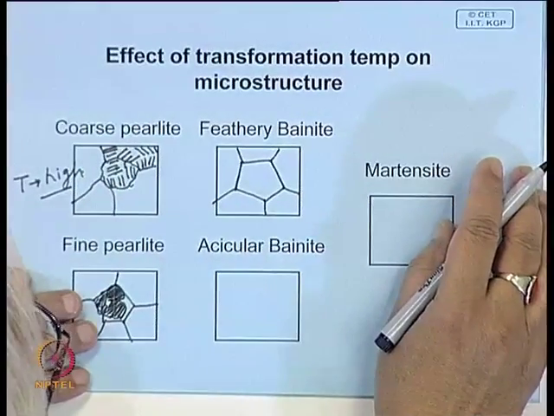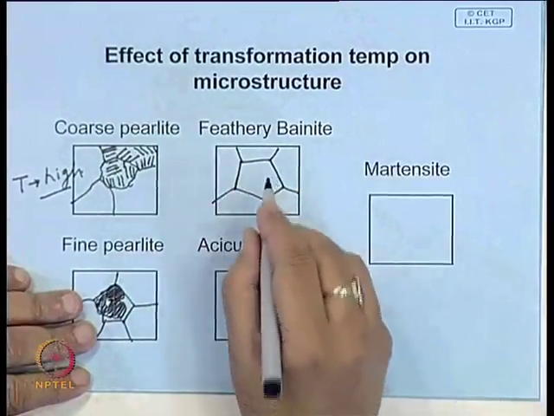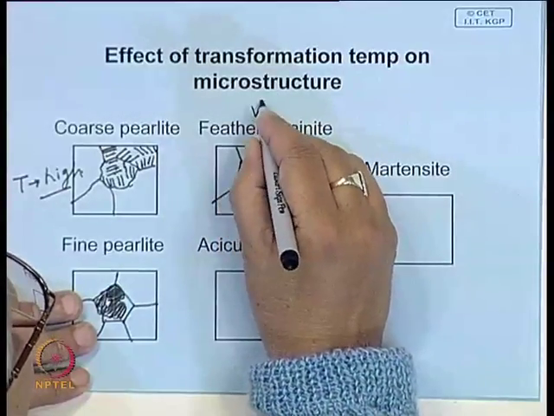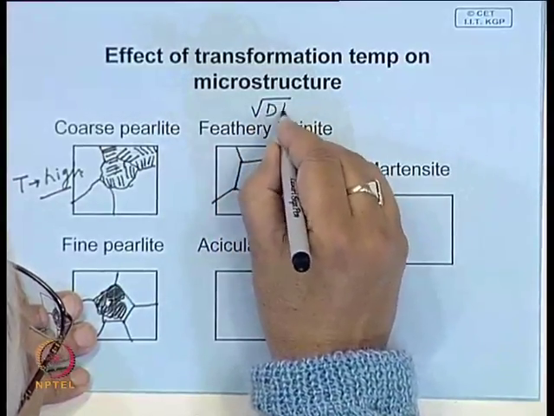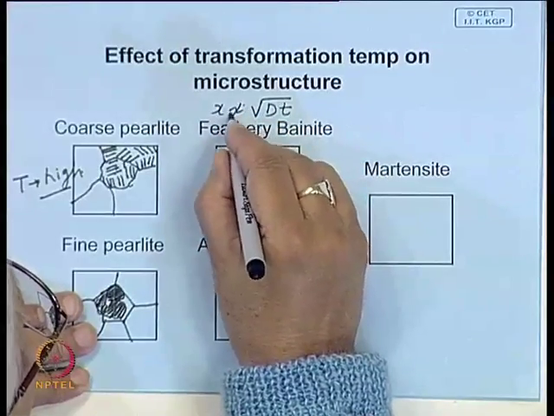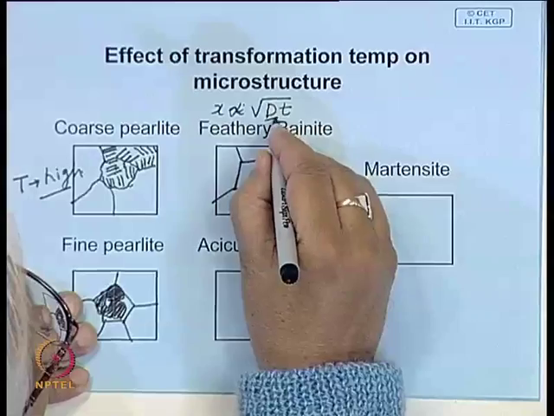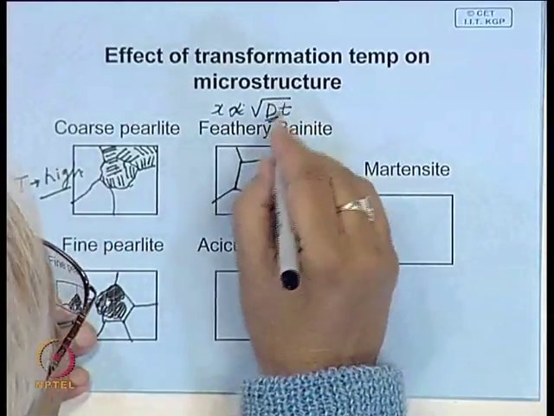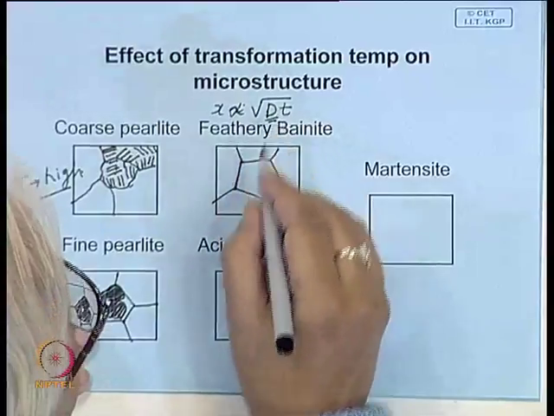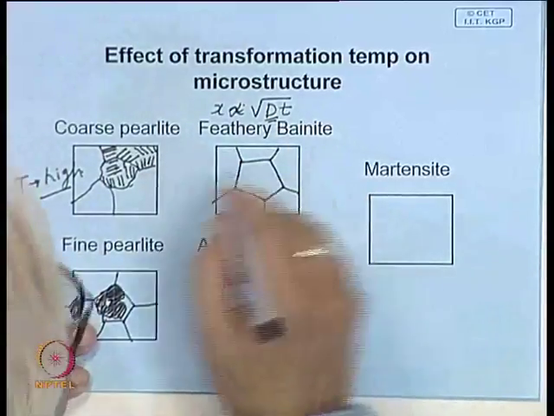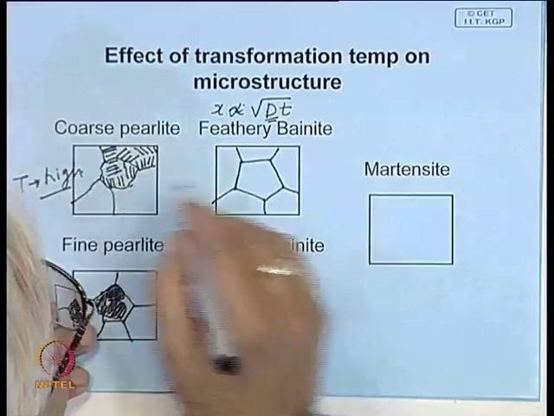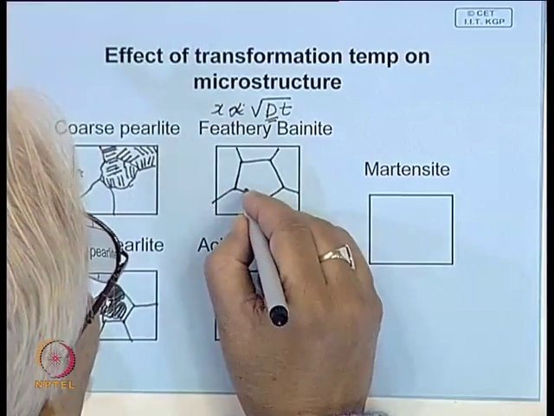We know that diffusion distance is proportional to root over Dt, and at lower temperature this D value is very small. Therefore the carbon atoms will not be able to move over large distances to form this type of lamellar structure. So, what happens here?